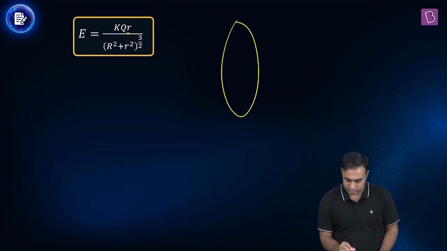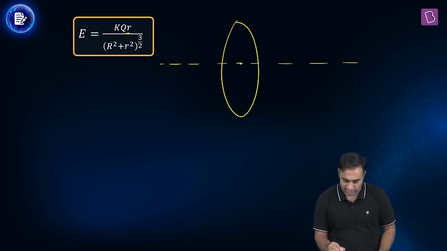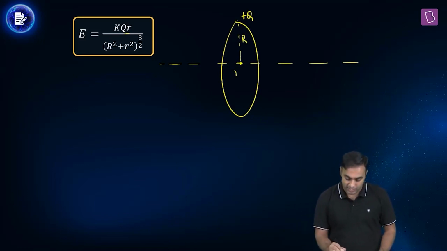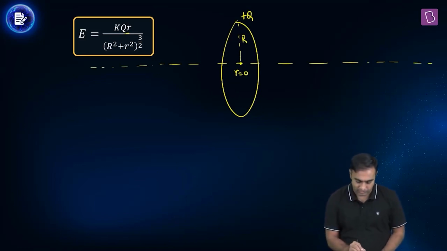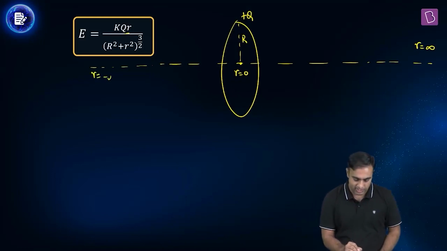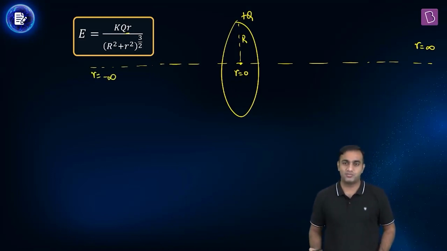If you draw, let's say, a ring like this with uniform charge distribution, and let's say the charge on it is plus q, and the radius of the ring is capital R. Do you see that r is equal to 0 here, and we are considering the extremities as well. r is equal to infinity on this side, r is equal to infinity on that side as well.